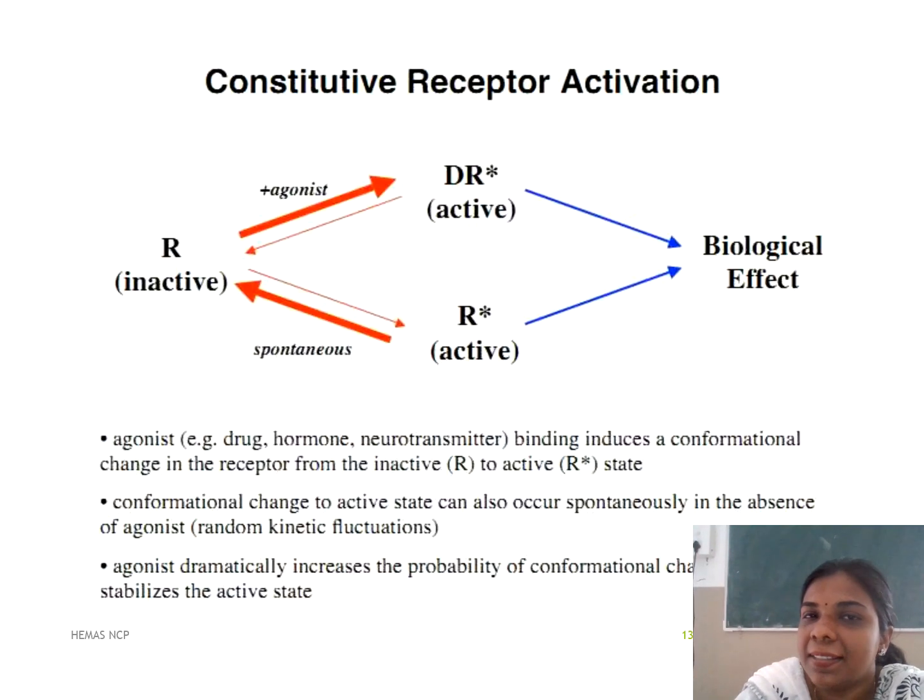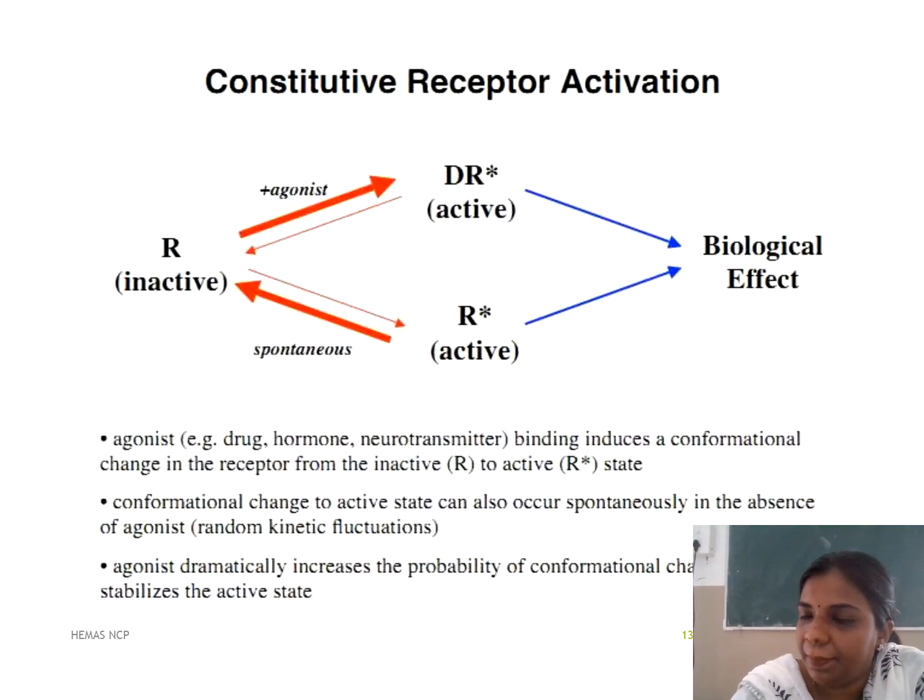Without anything, some receptors can become active, and that phenomenon is called constitutive receptor activation or constitutive activity. It means the receptor has an inherent ability to switch into an active form and generate a response spontaneously.